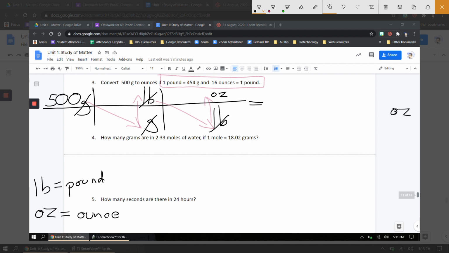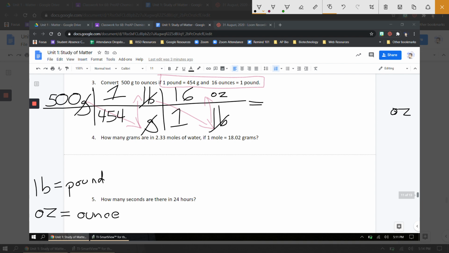I'm ready to put in my conversion factors. So looking at the box that I made, I know that for every 1 pound is 454 grams, right? That's what they tell us. I'm just matching the number with the unit. On the right side, ounces and pounds. They tell us that 16 ounces is equal to 1 pound. There we go. All right, so I'm going to pick up my trusty calculator here.